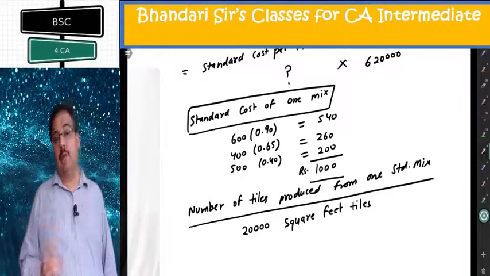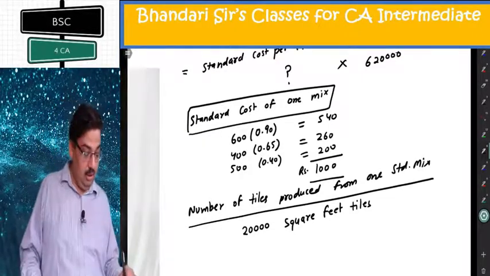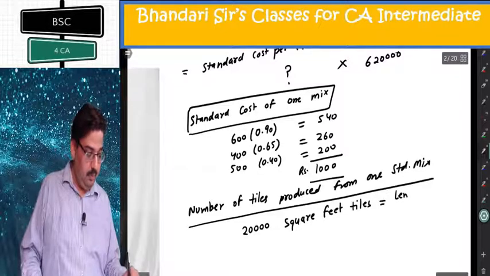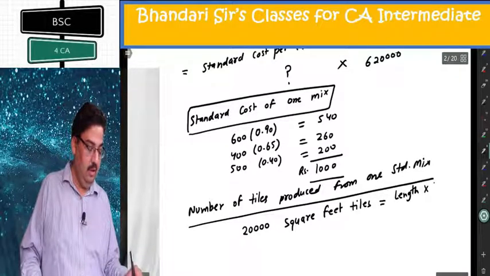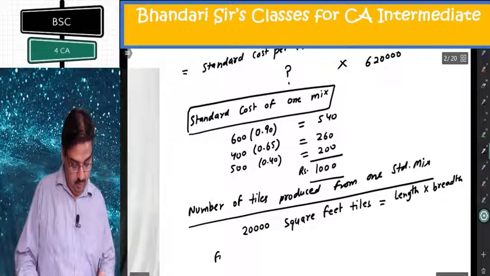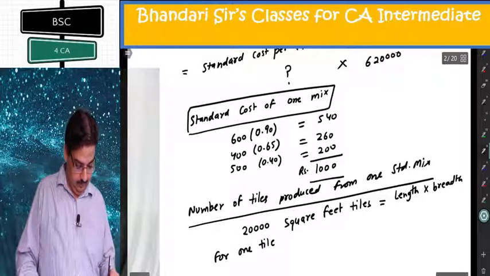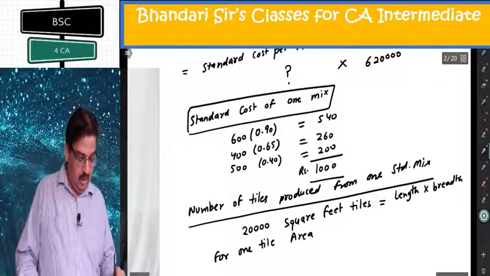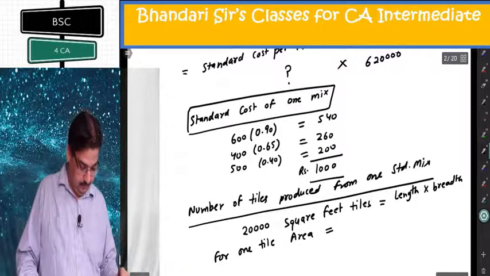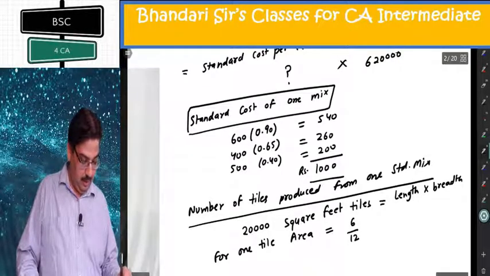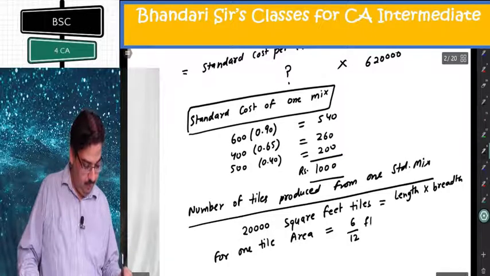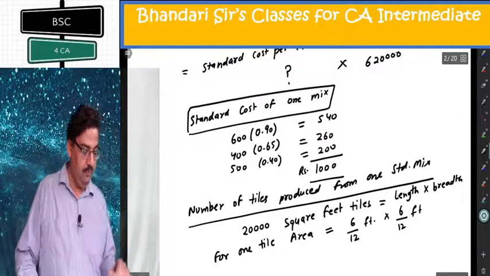It is a unit of measurement of area, which is equal to length into breadth. For one tile, area equals 6 by 12 foot multiplied by 6 by 12 foot.